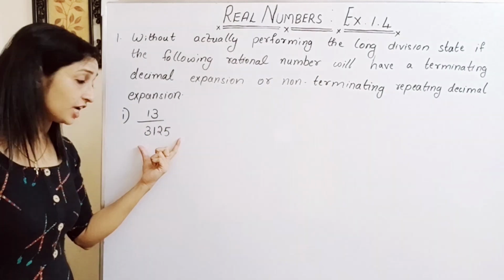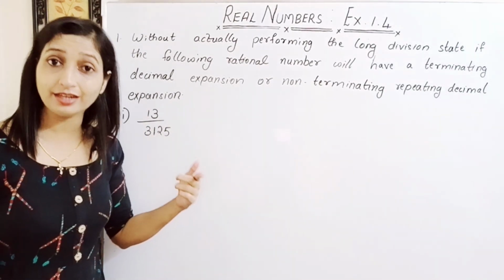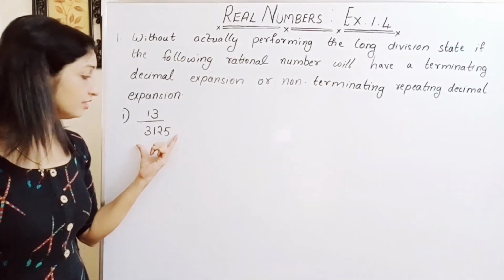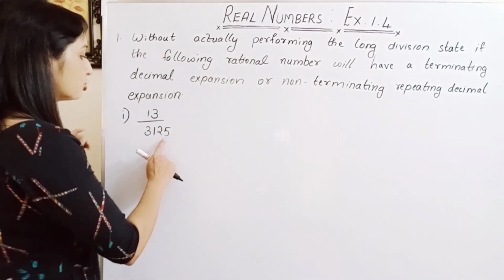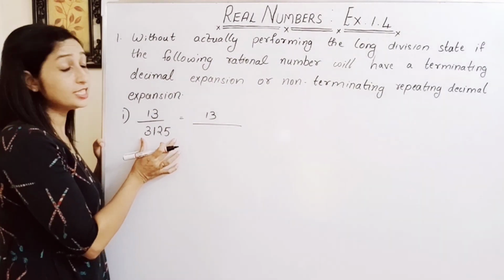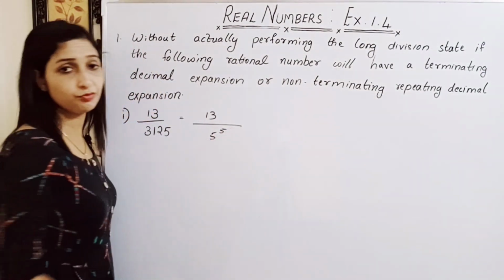You just need to check whether the denominator can be written of the form 2 raised to n into 5 raised to m. So let's check whether this can be expressed in the form 2 raised to n into 5 raised to m. So how can I write this? I can write this as 13 by, instead of 3125, I can write it as 5 raised to 5.